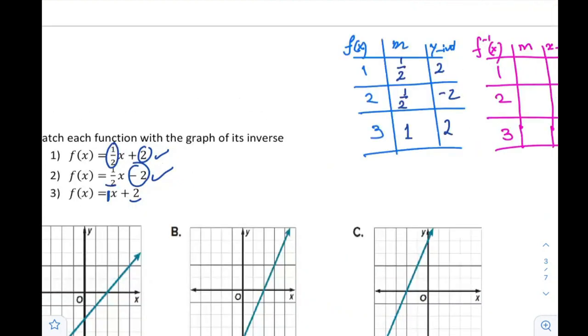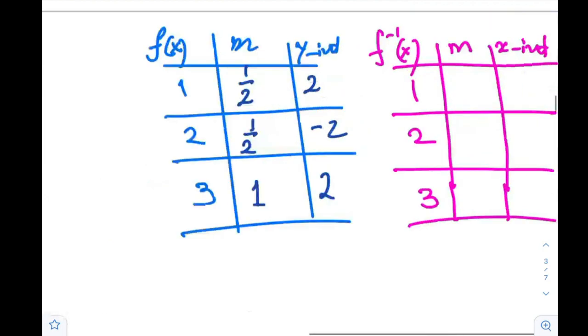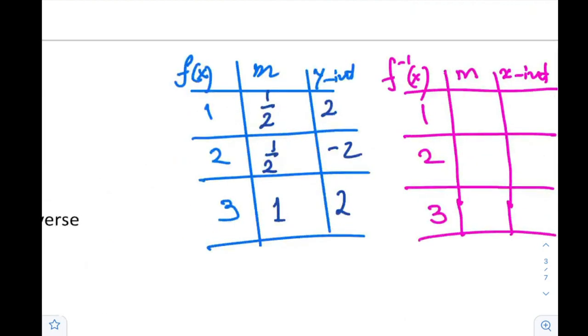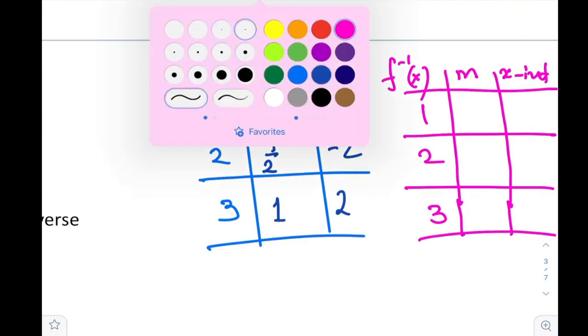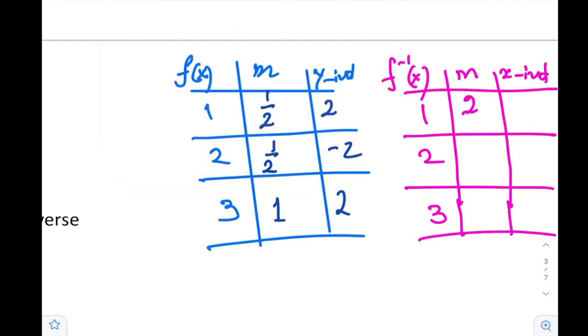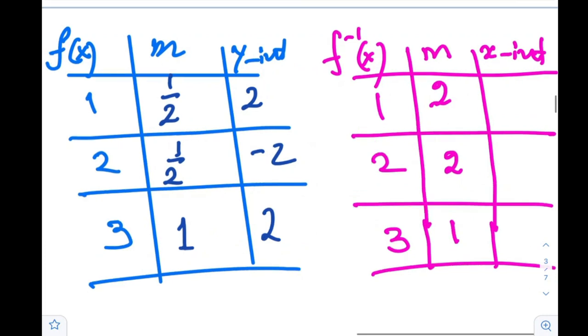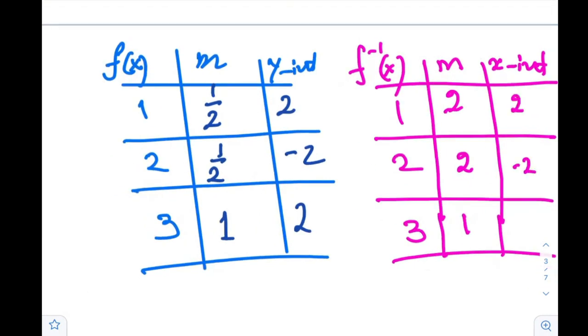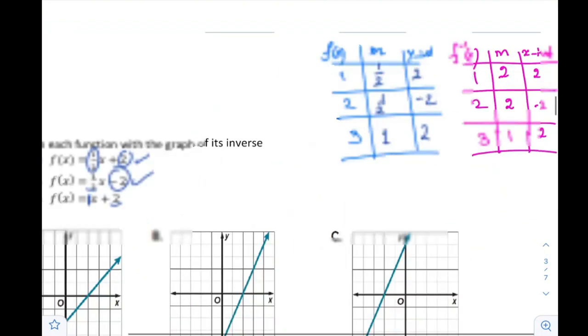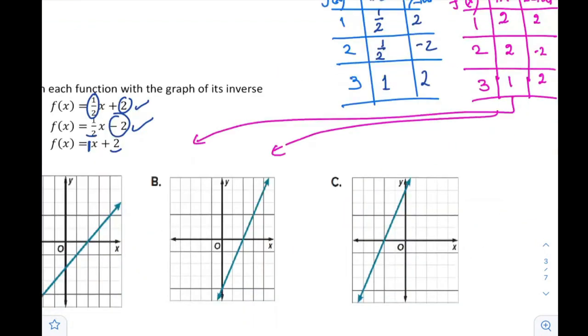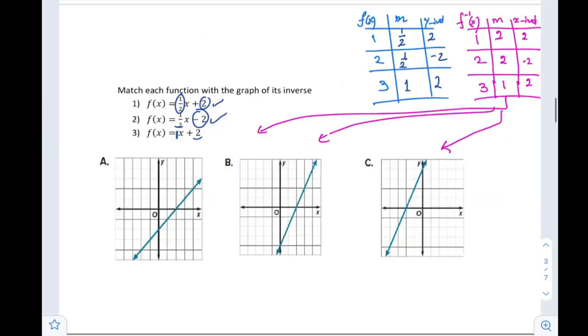Now, for the inverse, as we mentioned a minute ago, the slope will be the reciprocal. So here the reciprocal will be 2 over 1, which is 2. And here it will be 2, and here 1 over 1 is 1. Now, all y-intercepts turn into x-intercepts for the inverse. The pink values will be compared with each graph here.